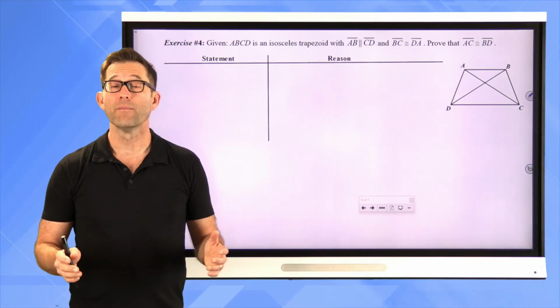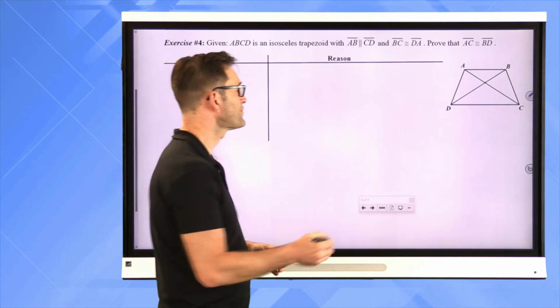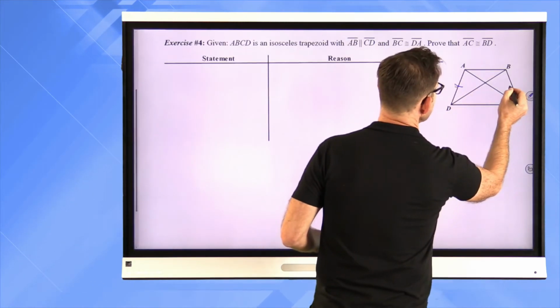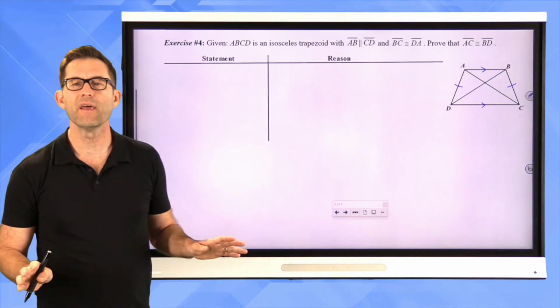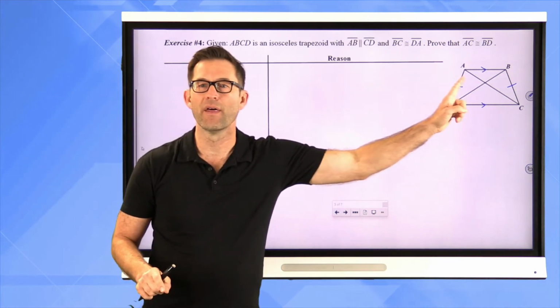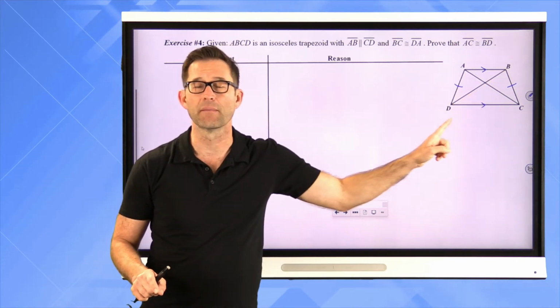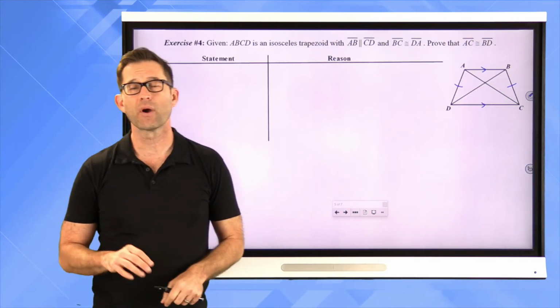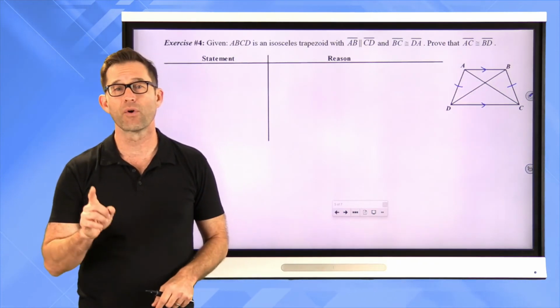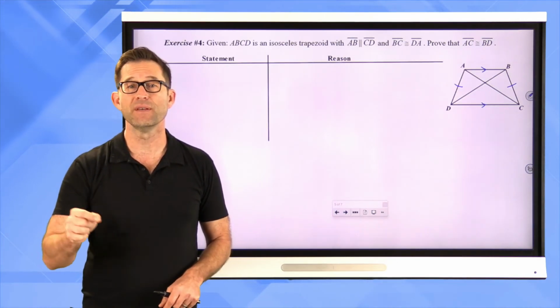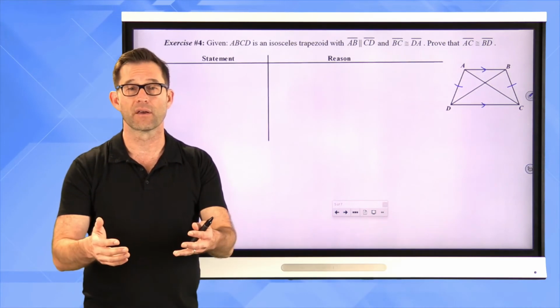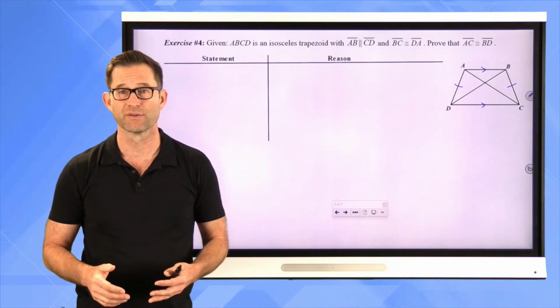All right, here's why it's relatively simple. We know that these two sides are congruent. We know that these are parallel. There may be multiple ways to do this proof, but at the end of the day, I'm trying to show that this segment is congruent to that segment. Almost always, when I'm trying to get two segments congruent, I first try to get two triangles congruent, and then use CPCTC to conclude that two parts of those triangles are congruent.